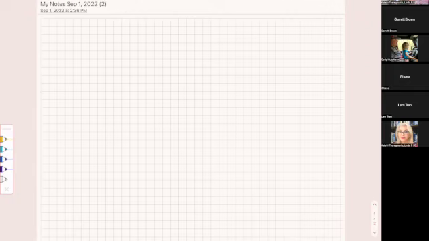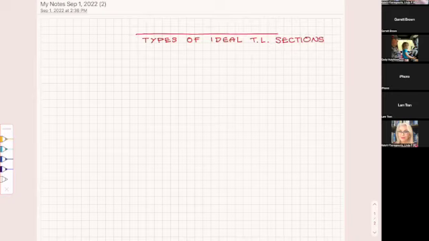In any case, first of all, let's talk about different types of ideal transmission line sections, because you're going to use this for the homework.